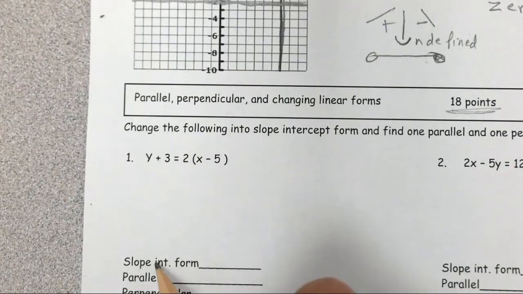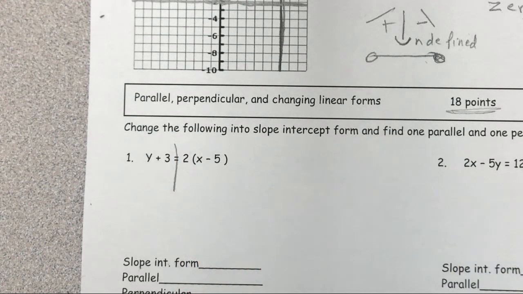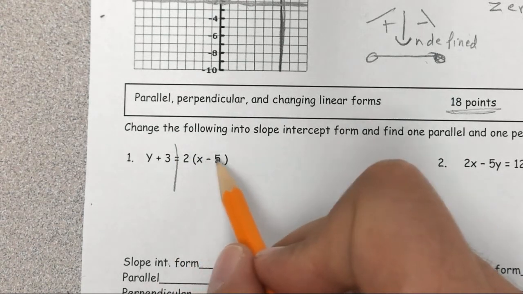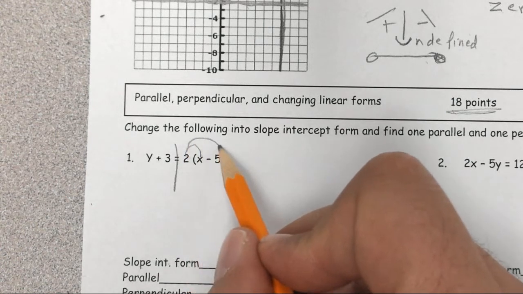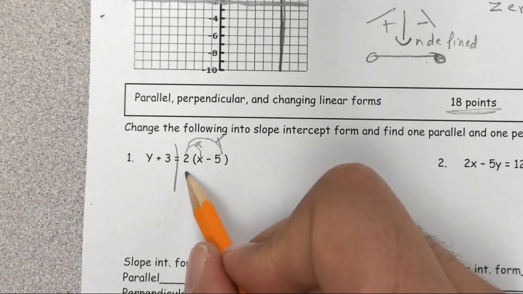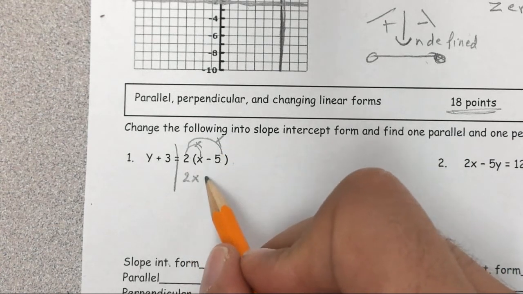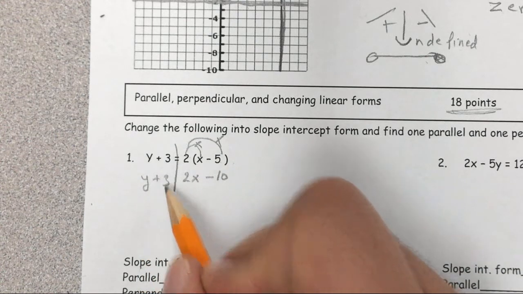First thing, I want you to change them to slope-intercept form. In order to change it to slope-intercept form, you're going to have to do some multiplication. This is 2 multiplying x minus 5, so let's do that first. And remember, whenever you have parentheses, you mean multiplication. So that's 2 times x and 2 times negative 5. 2 times x is 2x, 2 times negative 5 is negative 10. On this side, you have y plus 3.